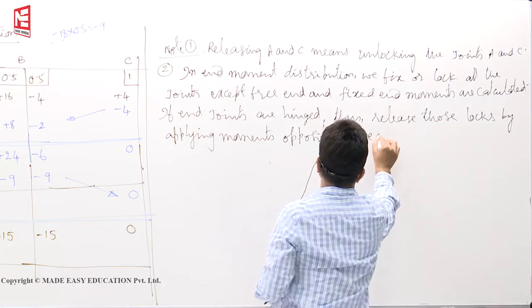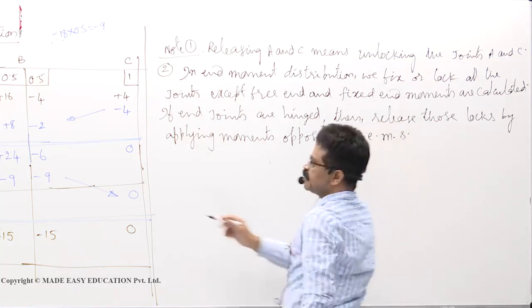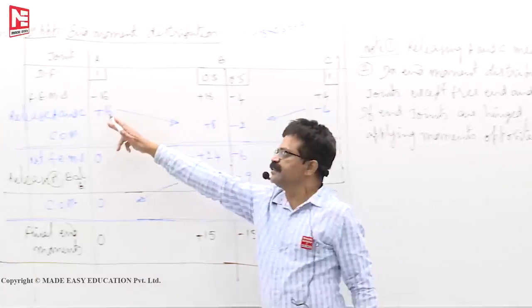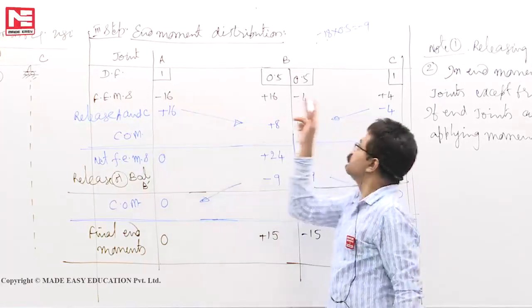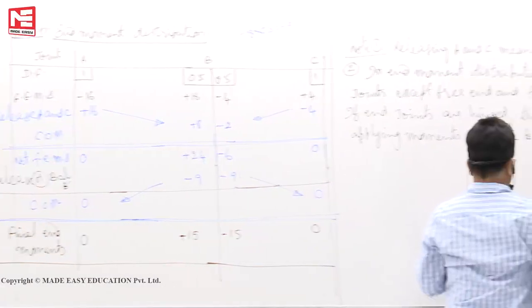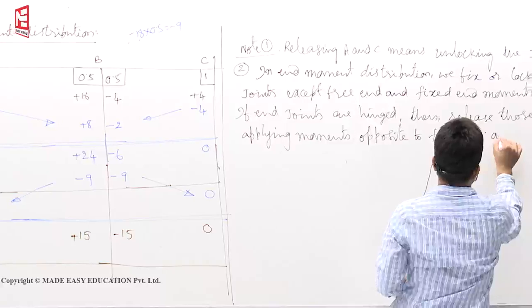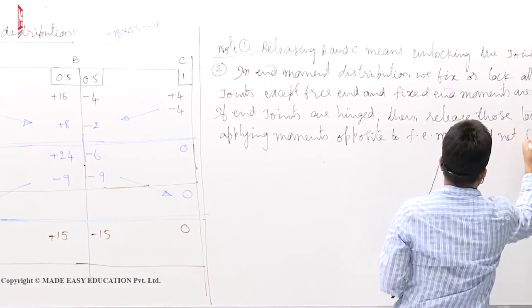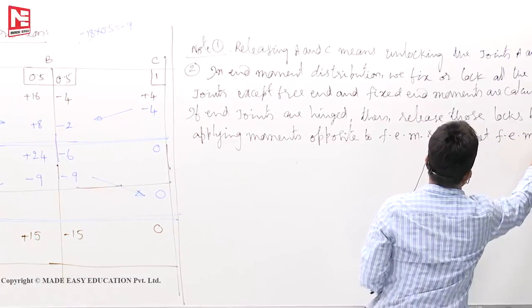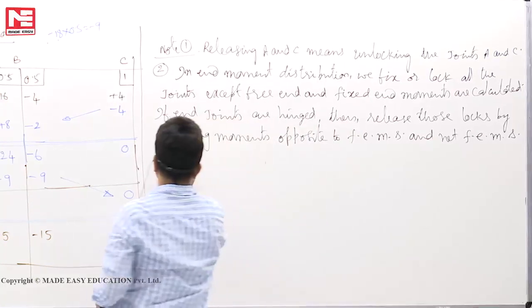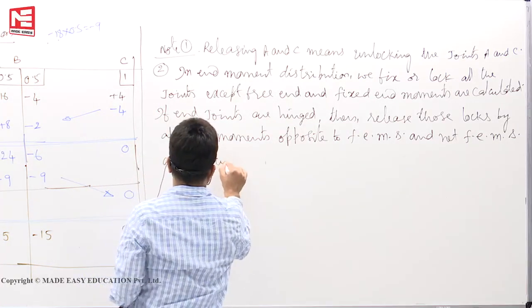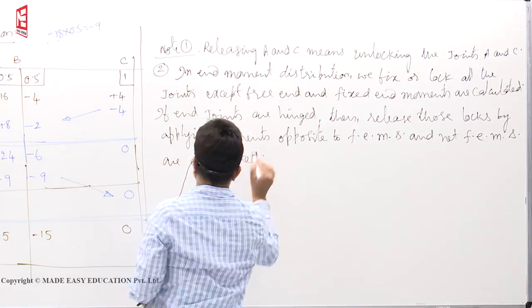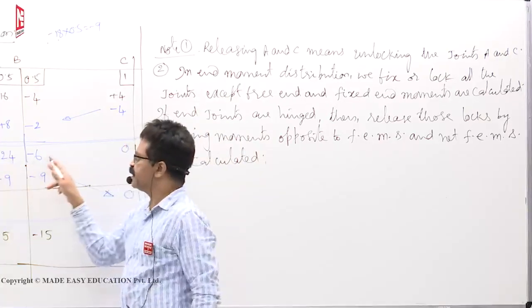That means releasing by applying moments opposite to fixed end moments, and net fixed end moments are calculated.